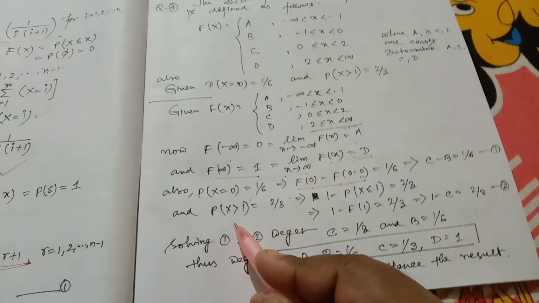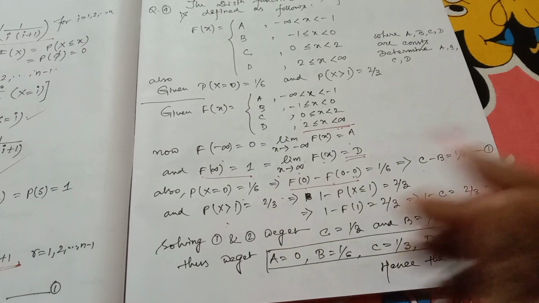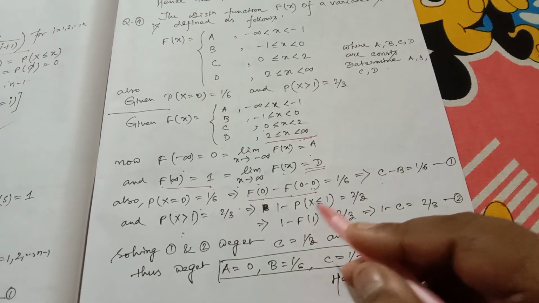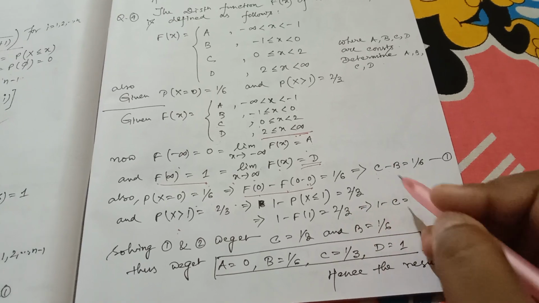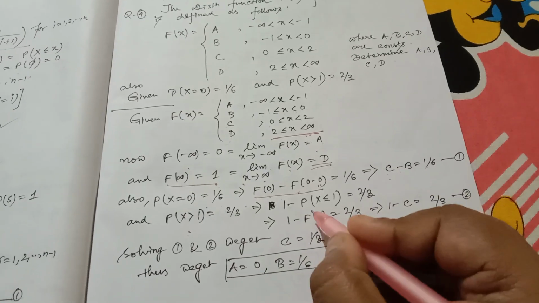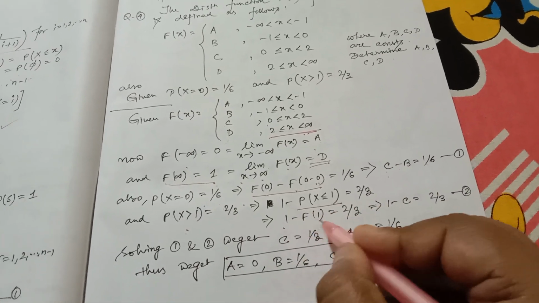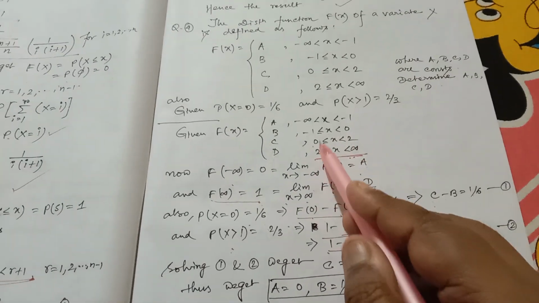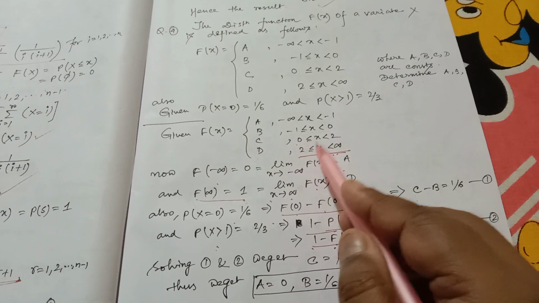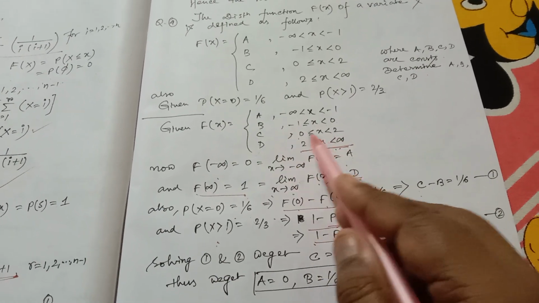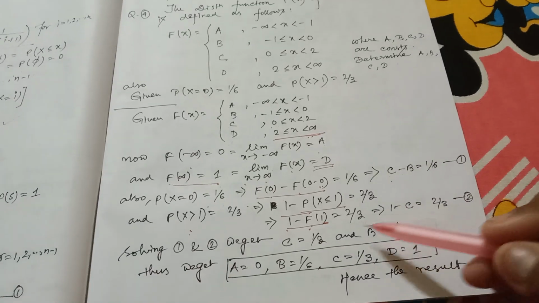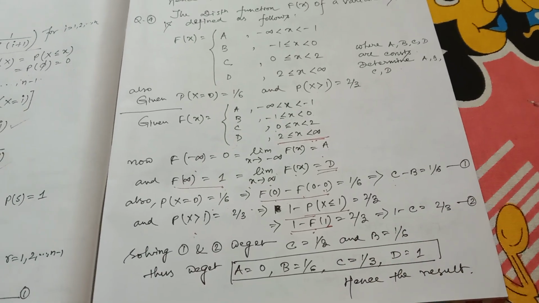Now the probability that X is greater than 1 is 2/3. You can take the help of complementation, that means 1 minus P(X ≤ 1) should be equal to 2/3. What is the meaning of this structure? 1 minus F(1), you can consider this thing. What is F(1)? Again take the help of this structure, 0 ≤ x < 2. 1 is lying in this range, so the ultimate outcome will be C. So 1 minus C should be equal to 2/3.